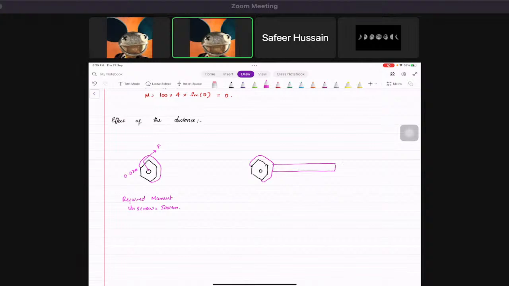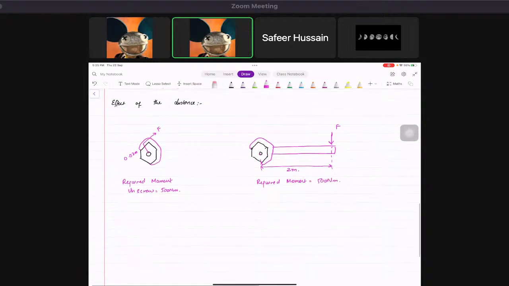In the spanner, you apply a force from here, and the distance from here to here is about 2 meters. So the required moment is the same because we are unscrewing the same thing. It's 500.